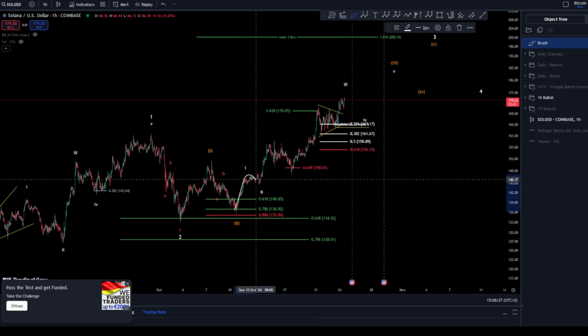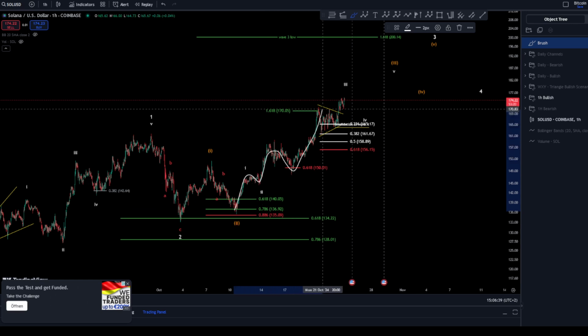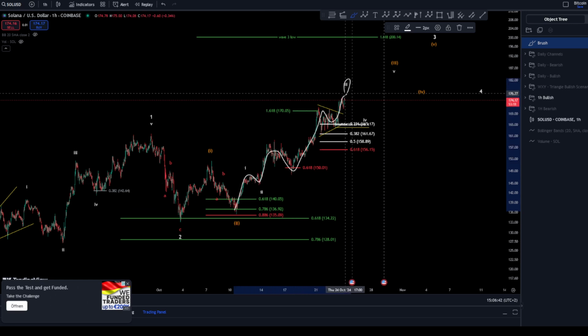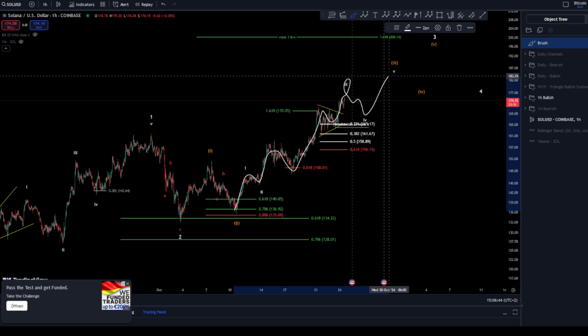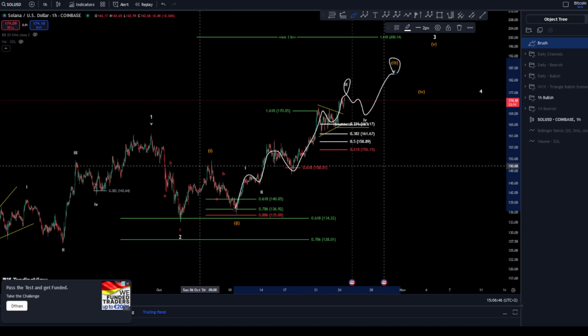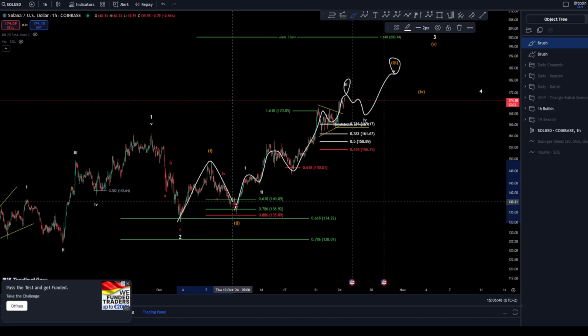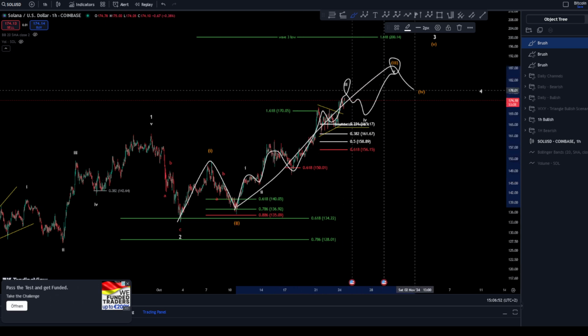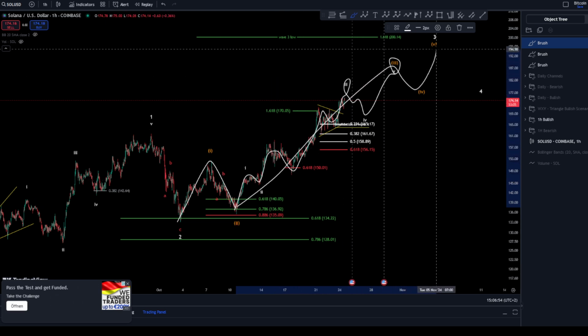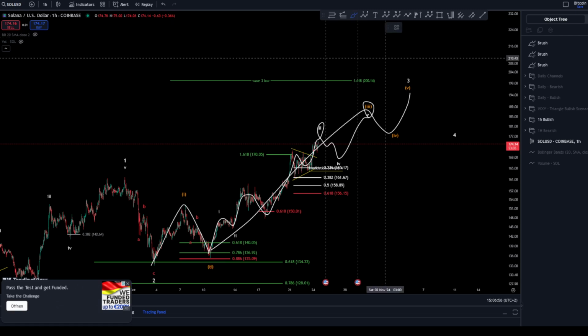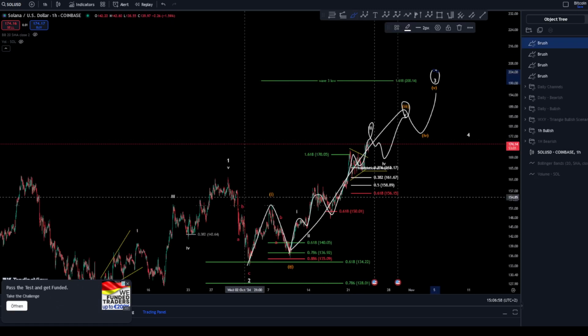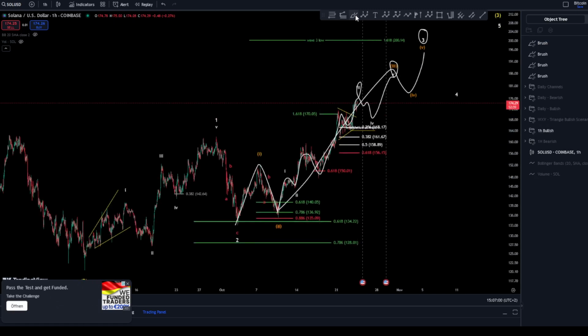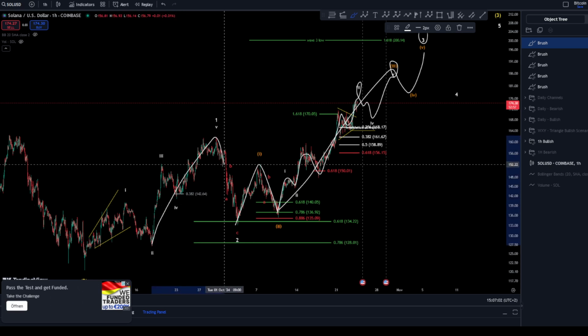Small impulse in white. 1, 2, 1, 2, 3, 4, 5. Finishing wave 3. 4 and a 5. Finishing wave 3 in orange again, where you have a 1, 2 here, then 3 for your orange, then 4 again, and then 5 to finish your wave 3 again in the bigger white scenario, where we are having another 1, 2 here, right?